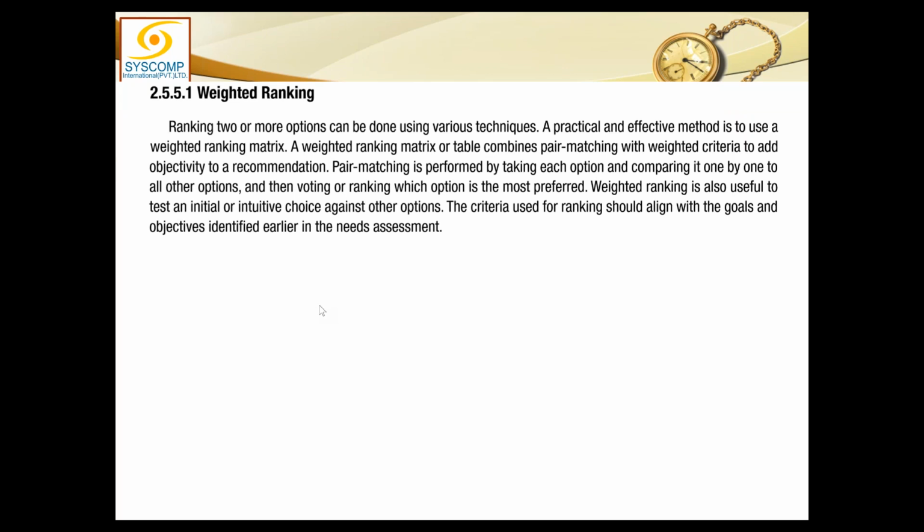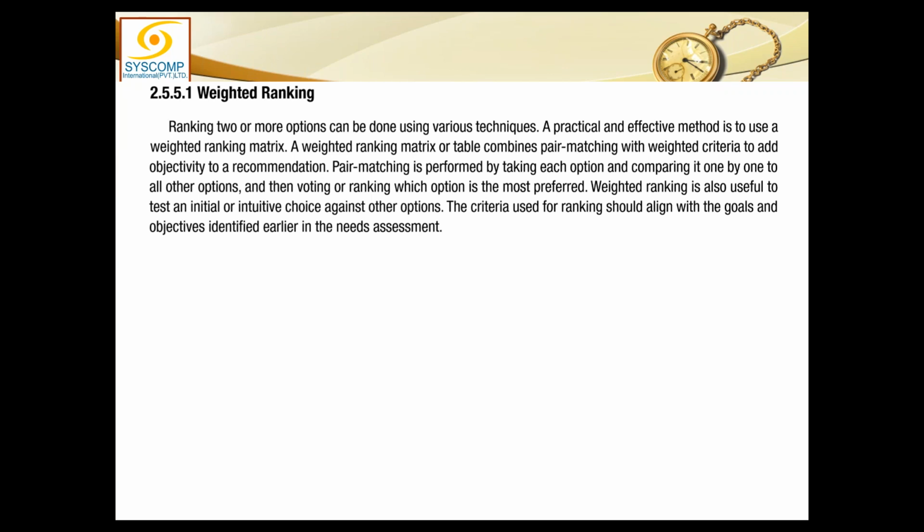Now, what is this weighted ranking system? Broadly speaking, this is what are the elements more important for you to judge. You earmark those factors and then rank each option according to those factors, give them marks maybe from 1 to 10 or whatever.